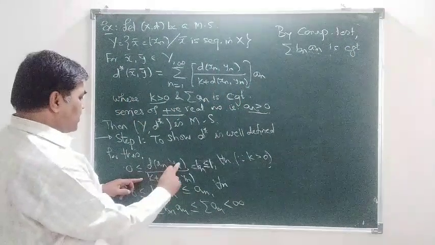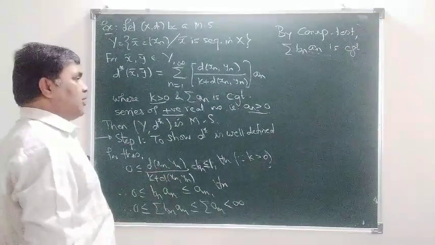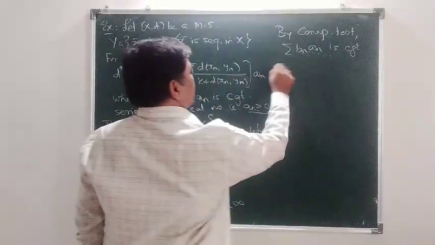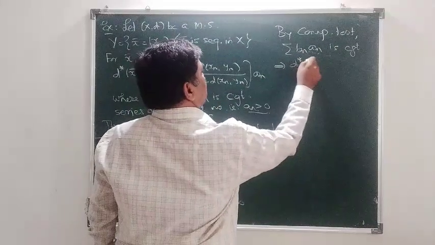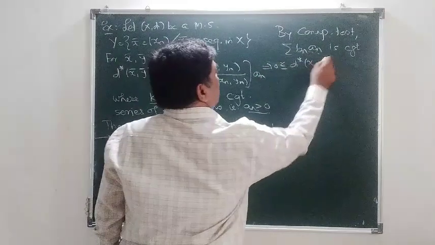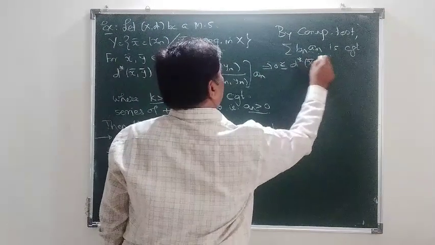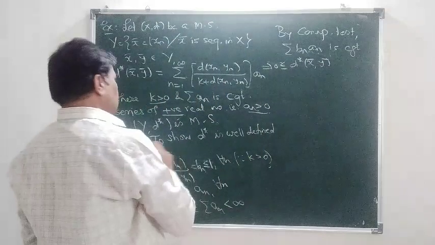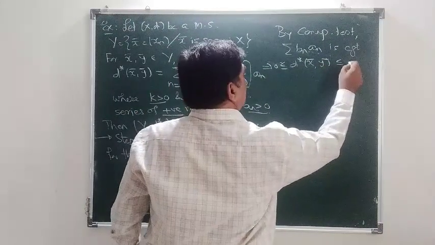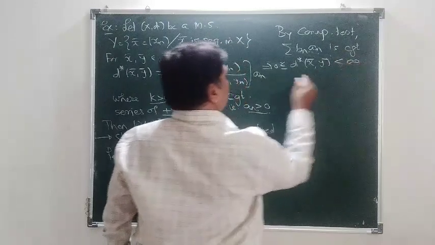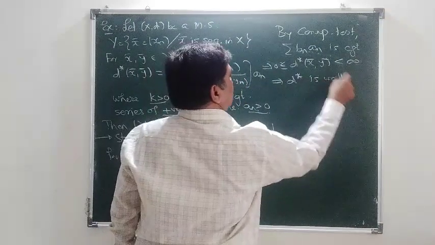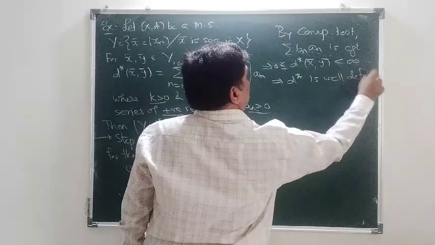Bn's are nothing but d of xn, yn upon k plus d of xn, yn, means it is precisely this, which implies 0 less equal d star of x bar, y bar must be less than infinity. Implies d star is a well-defined function.